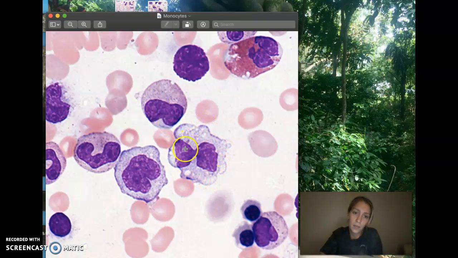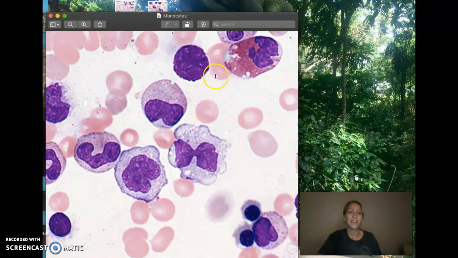Here in the cytoplasm, there are no granules, and it's again pale blue. The nuclei are kidney-shaped, sort of. Kidney-shaped here, here, here. And those are the monocytes. That's it for those 5 types of white blood cells.